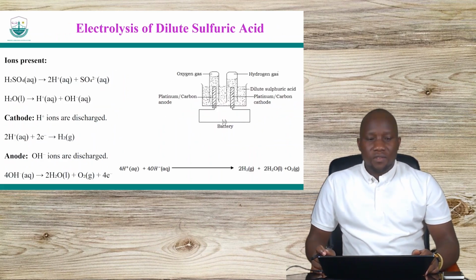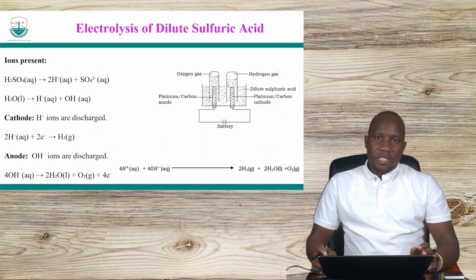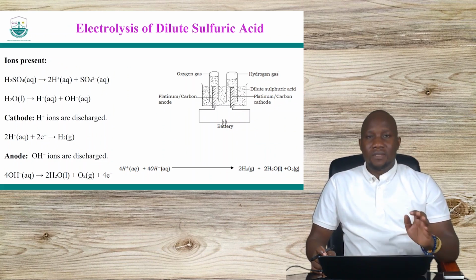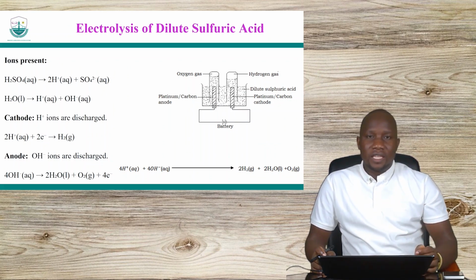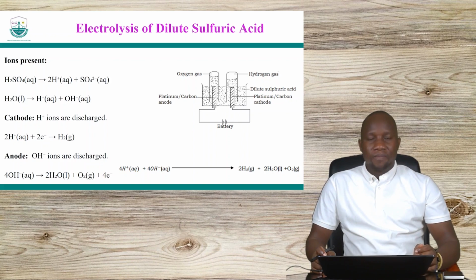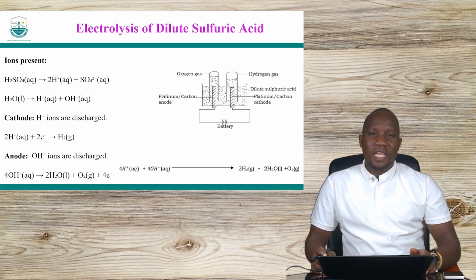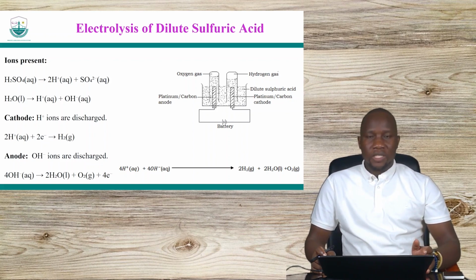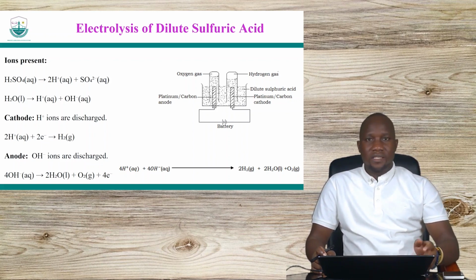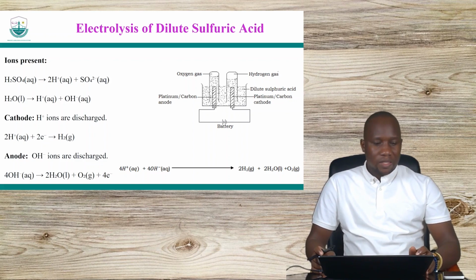We look at dilute sulfuric acid. Still the same story. If you have a dilute solution, you have water there, and then the ions from it, and then you also have the ions that come from the electrolyte itself. So sulfuric acid, you have hydrogen ions and the sulfate ions. And then from the water you have the hydrogen ions and the hydroxide ions, or we call them hydroxyl ions.